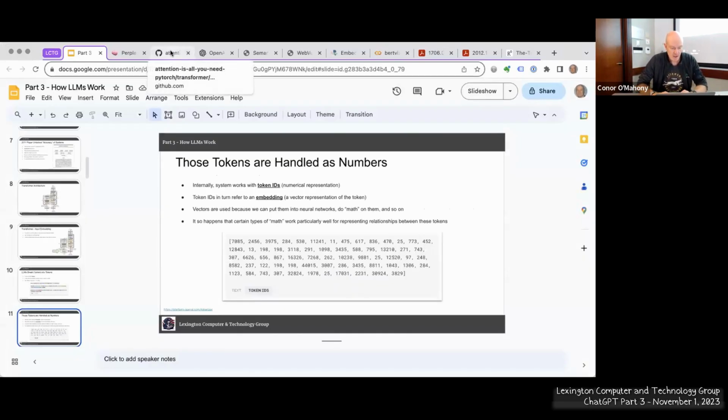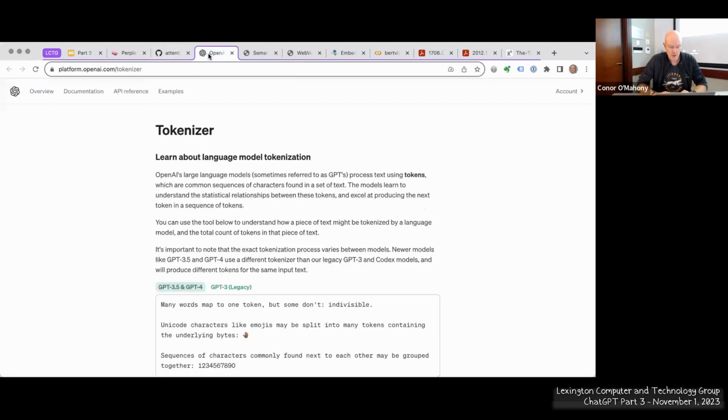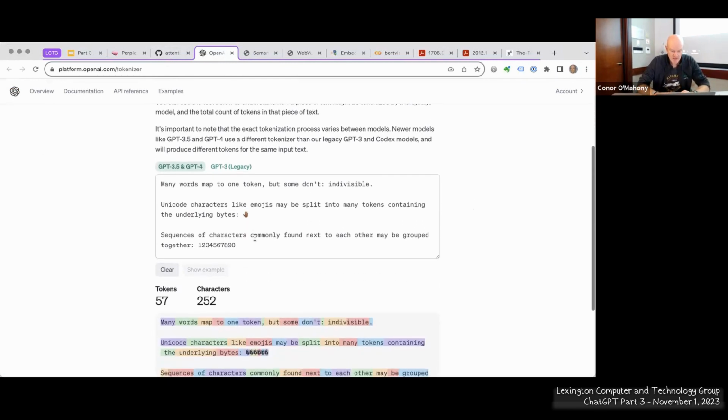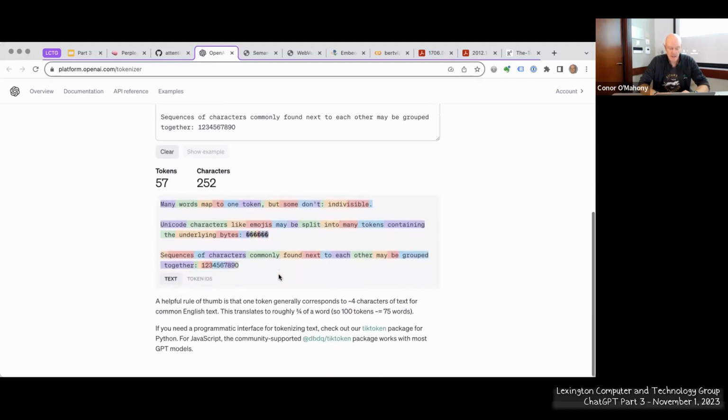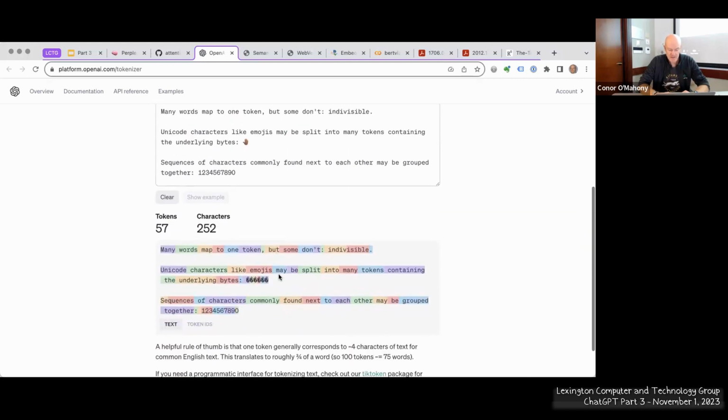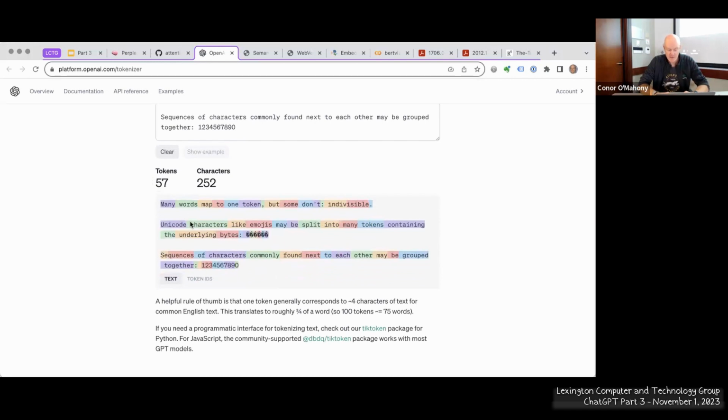And this is another useful tool if you want to play around with this tokenization to get a better feel for it. And so you can see that the tokenization is different from GPT-3 to GPT 3.5 and GPT-4. But here is that example text I showed you. And that example text turned into 57 tokens, as I showed you here.